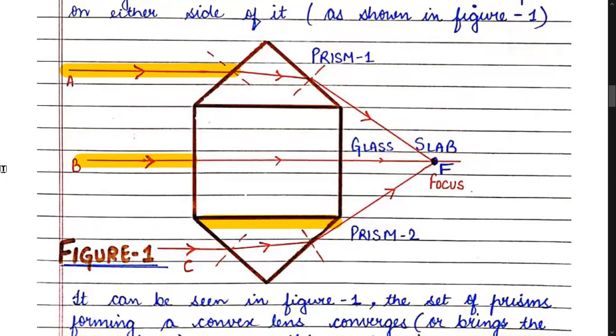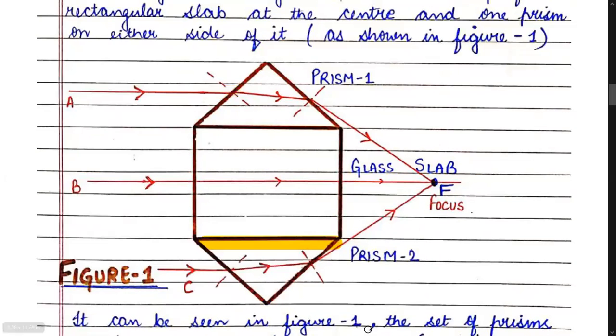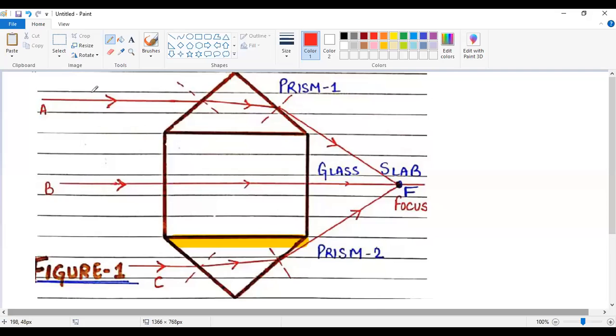While let us see what happens to ray A. Now students, in case of ray A, the light is incident on prism number 1. Now let us draw a normal on prism number 1 first surface. Now the incident ray which was falling on the prism will bend towards the base of the prism.